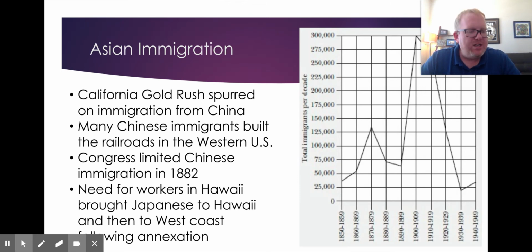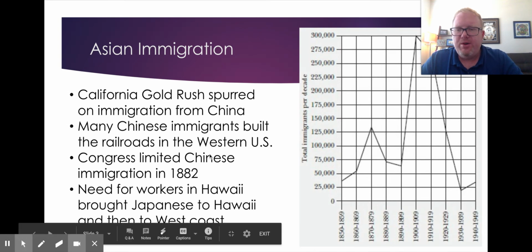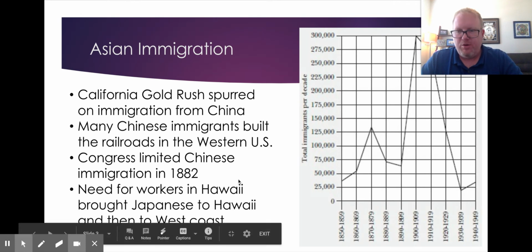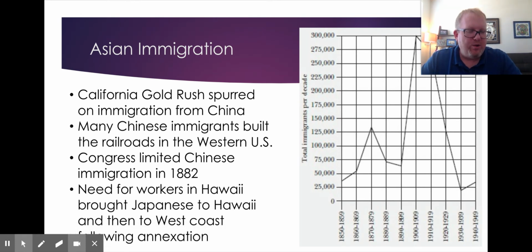Well, eventually in 1898, the United States annexed Hawaii, or brought it into the United States and made it part of the U.S. And so that made it a lot easier for those Japanese immigrants who came to Hawaii to come to the mainland U.S. Well, that started causing some issues because people were once again worried about this group of people coming and what they might do as far as jobs go and whatnot.